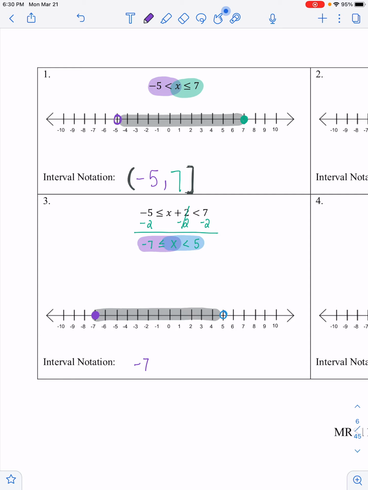So we're going from -7 to 5. This time we don't have infinity, right? Because we're not shading all the way past the number line. -7 gets a closed circle, so that is a bracket. And 5 gets a parenthesis because that is an open circle.